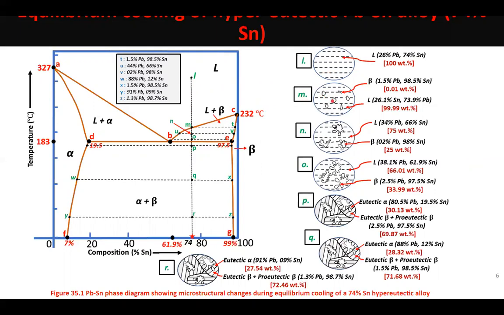The first solid phase that appears in the alloy, its chemical composition can be obtained with the help of this tie line MT, and you are able to see that this first solid solution is beta solid solution because we are in the liquid plus beta region, and its chemical composition is given by point T as 98.5% tin.